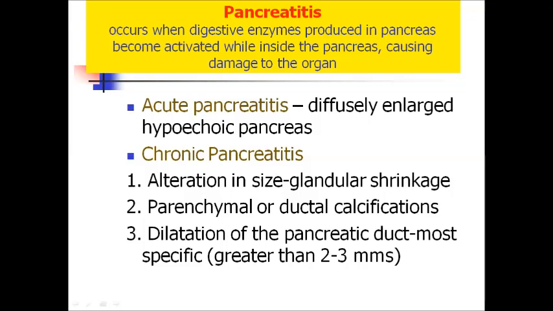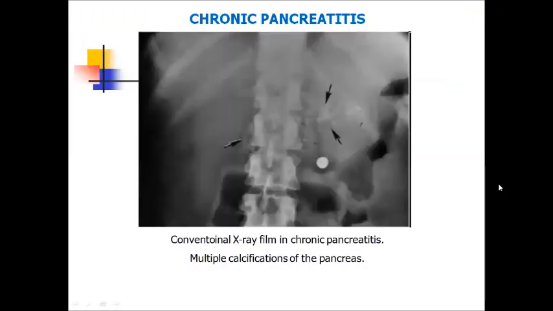Dilatation of the pancreatic duct is the most specific symptom. Usually in normal conditions the diameter of pancreatic duct does not exceed 2 or 3 millimeters. If greater, it may show the presence of chronic pancreatitis.